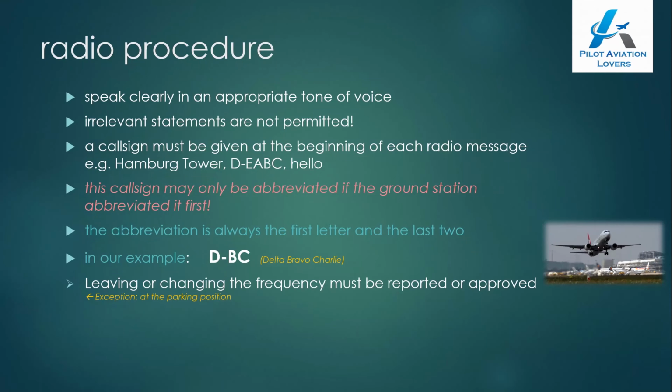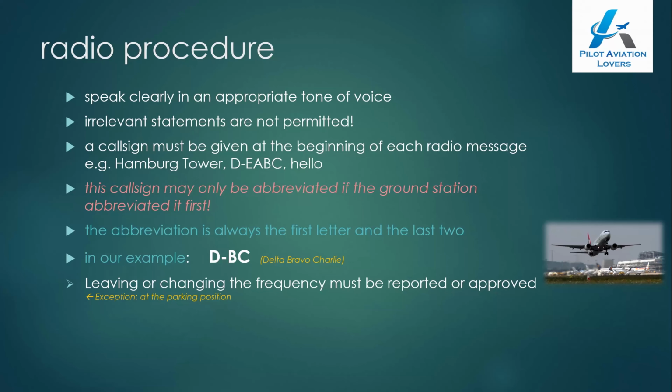The radio procedure. Of course, it is very important to speak clearly and in an appropriate tone of voice. Irrelevant statements are not permitted. A call sign must be given at the beginning of each radio message, for example, Hamburg Tower, Delta Echo Alpha Bravo Charlie, hello.